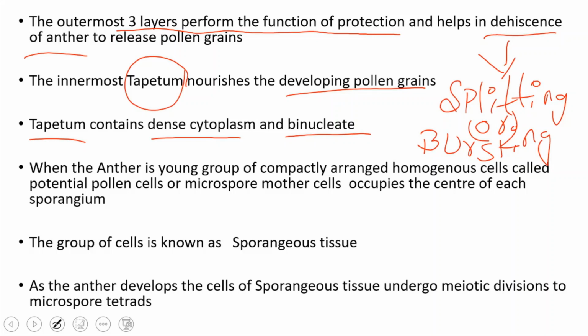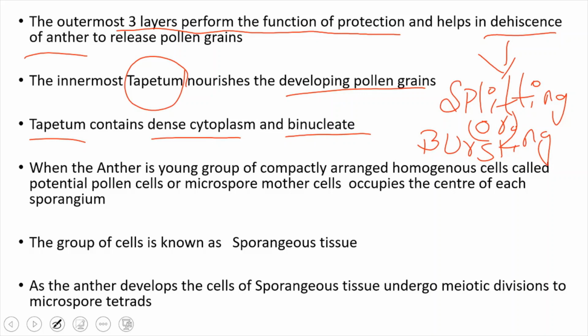So the most important structure of the anther is the microsporangium, where pollen grains are present, right? It is made up of 4 layers: epidermis, endothecium, middle layer, and tapetum. The 3 layers epidermis, endothecium, and middle layer perform the function of protection and help in dehiscence of the anther.